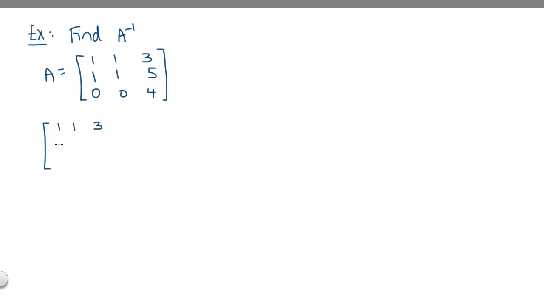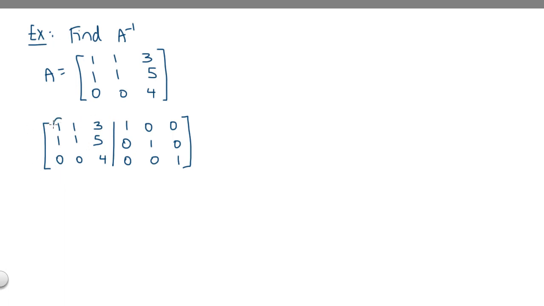Okay, let's try one more example of finding the inverse matrix, again for a 3 by 3 matrix. The usual procedure will be to write down our matrix and beside it to write down the identity matrix of the same size. And we'll do some row operations here to try to get the identity matrix on the left.